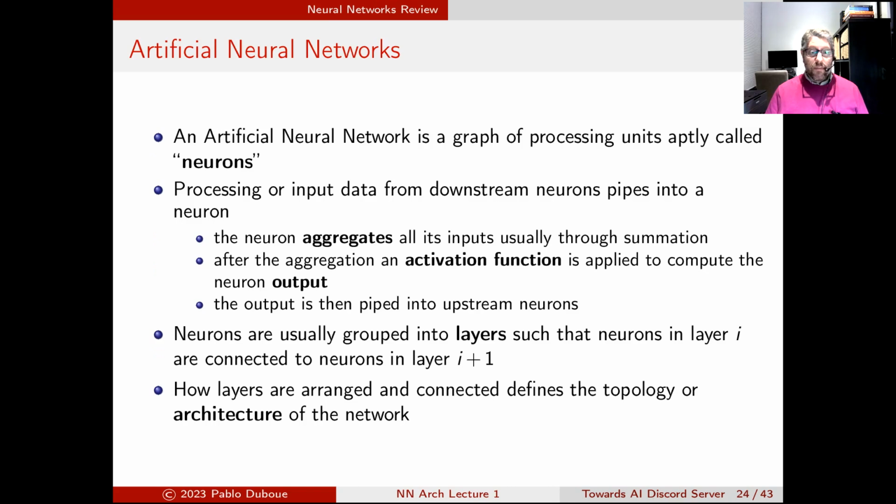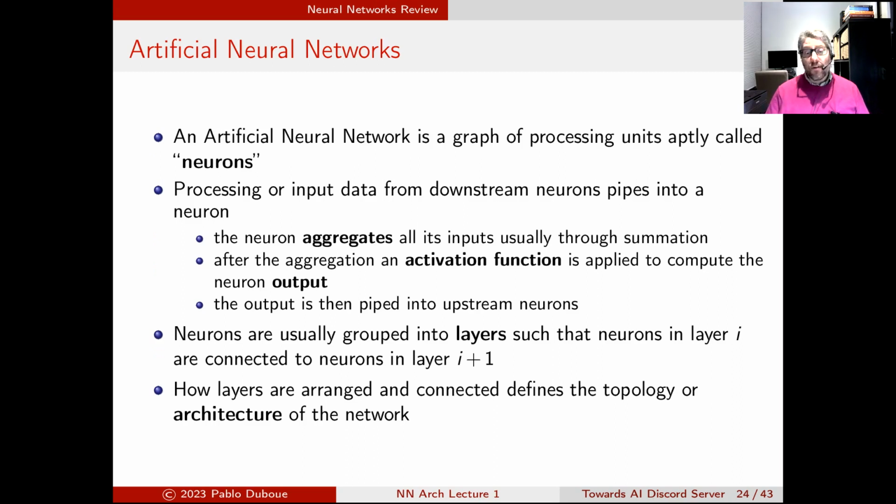These take input data or the output of upstream neurons and pipe that data into each of these processing units, which aggregate these inputs, normally through summation, and pass this aggregation into an activation function that computes the neuron output. And the output of each of these units is then piped into downstream neurons.